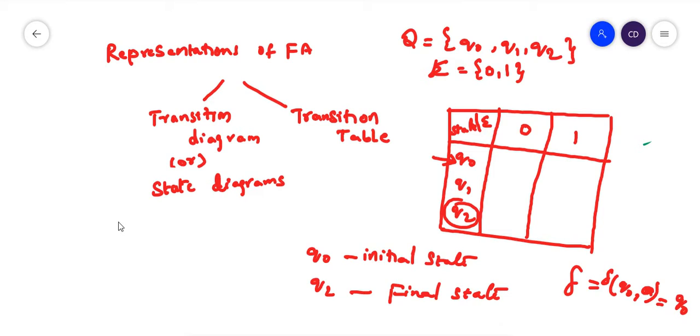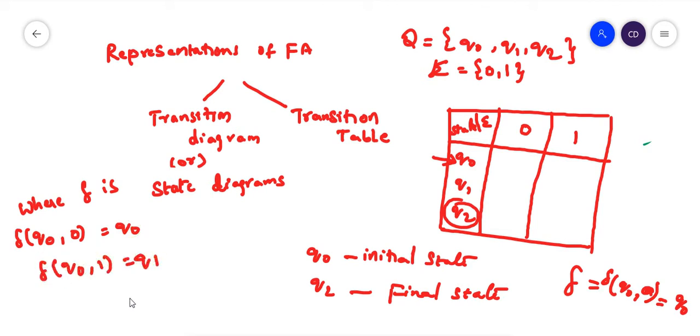diagram, or a finite state machine where the transitions are given like this, where delta is the transition. Suppose from Q0 with 0, you move to Q0 itself, and from Q0 with 1, you move to Q1.